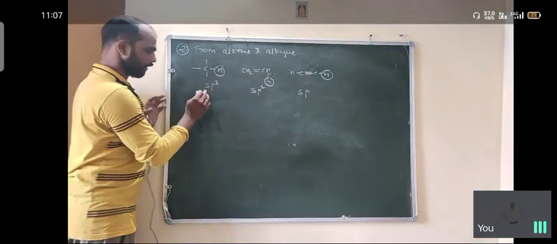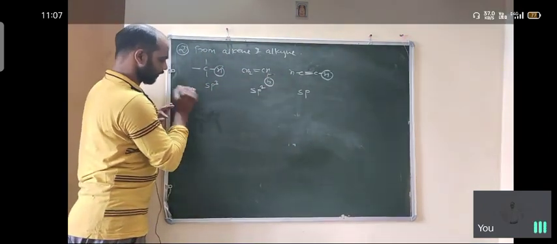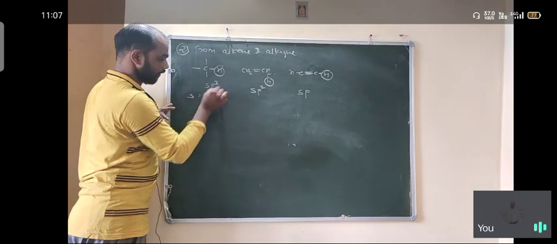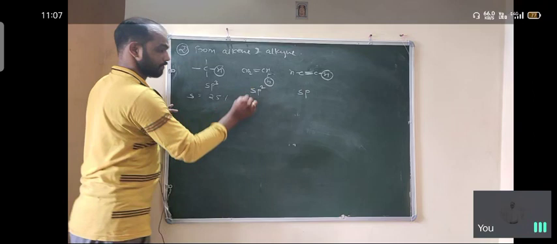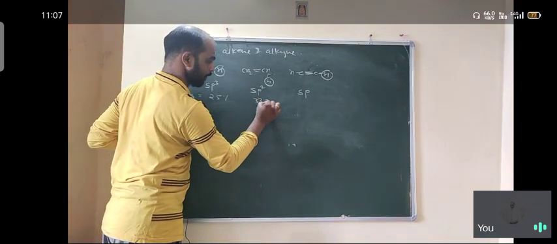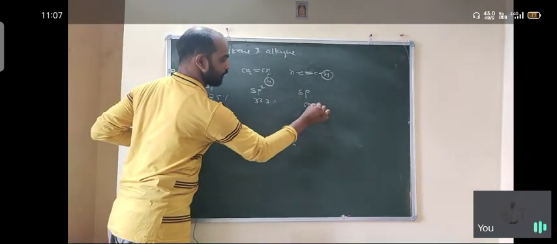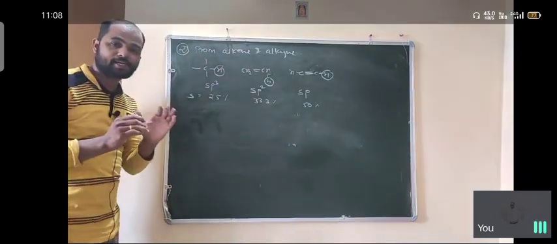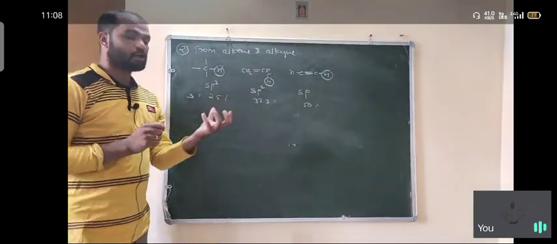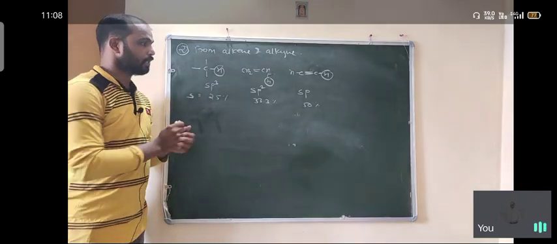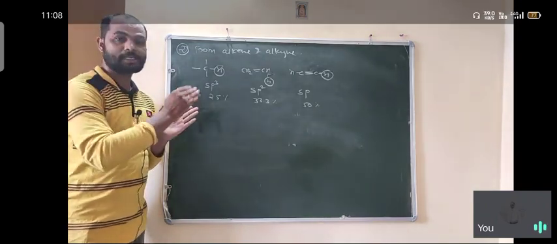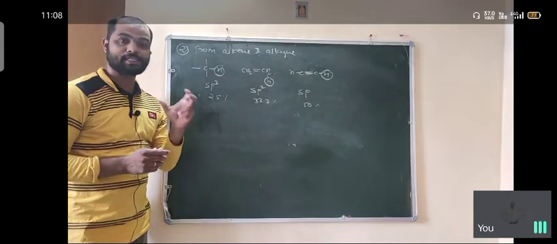And here you can clearly see the s character. If you measure it, the s character is 25% here, 33.3% here, and 50% here. When s character increases, the s orbital is closer to the nucleus, and due to this the electronegativity of carbon increases.